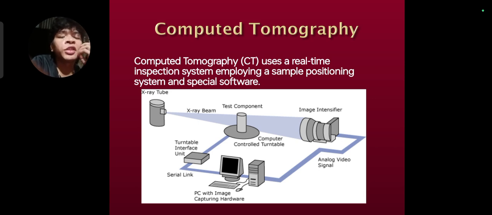This image intensifier is opposite the X-ray tube, along with the PC with image capturing hardware, and the serial link, interface unit, and analog video signal. Through this diagram, we are able to use computed tomography to detect and determine the material's characteristics.